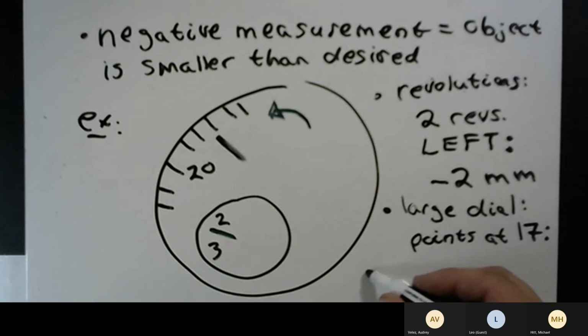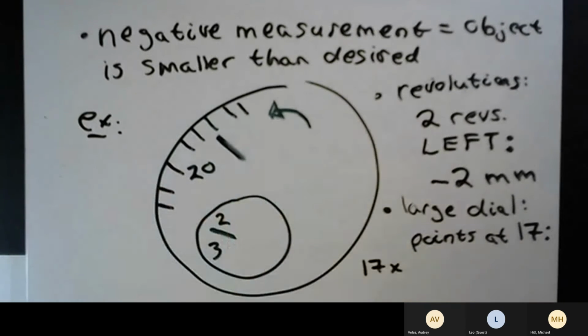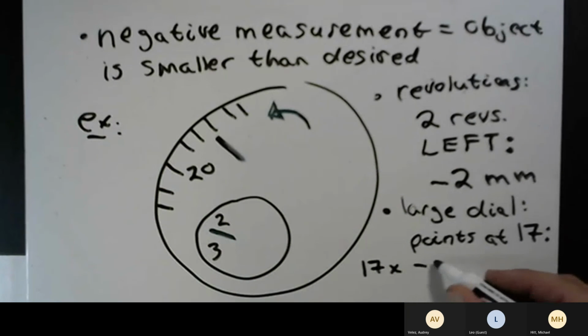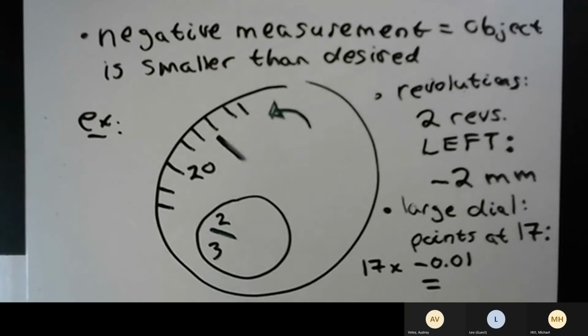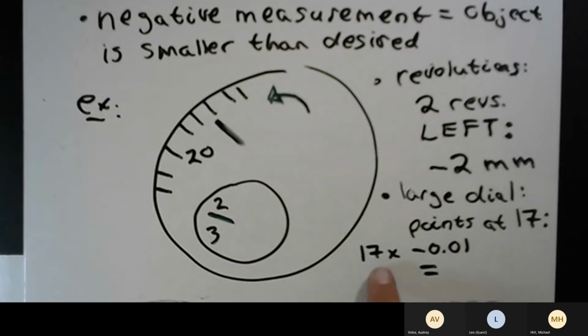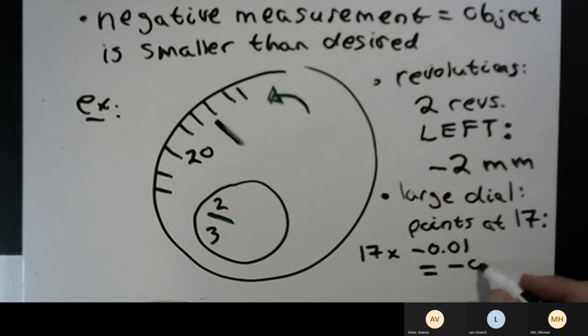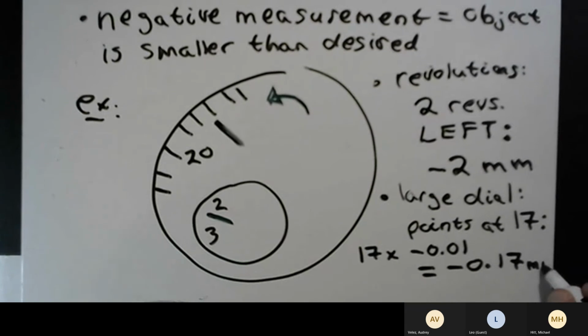So this is going to be 17 times, and because this is left, it's going to be negative 0.01. Positive times negative is negative, so this would be negative 0.17 millimeters.